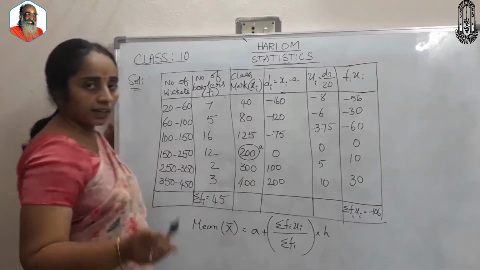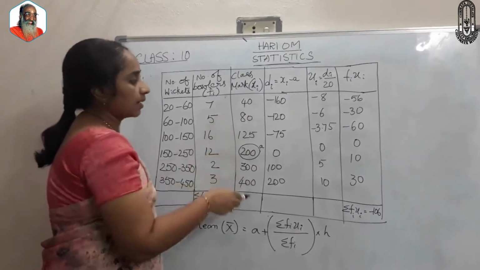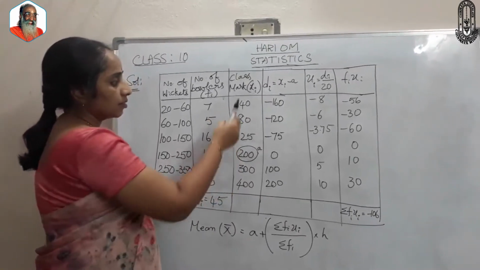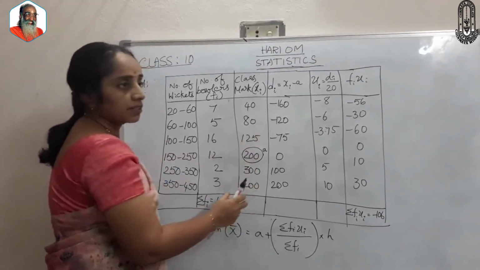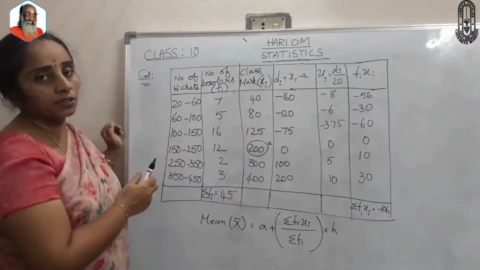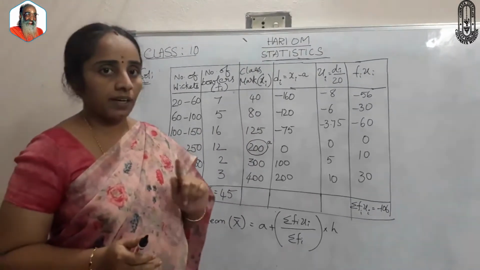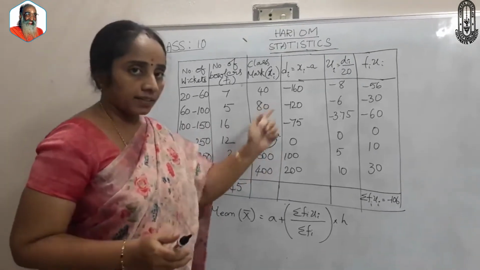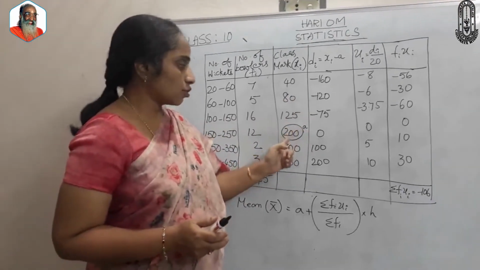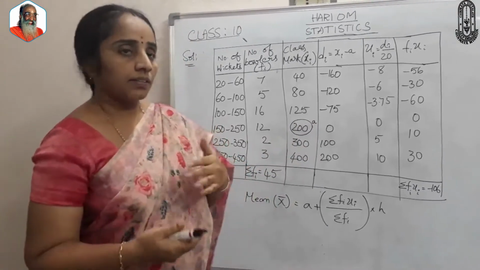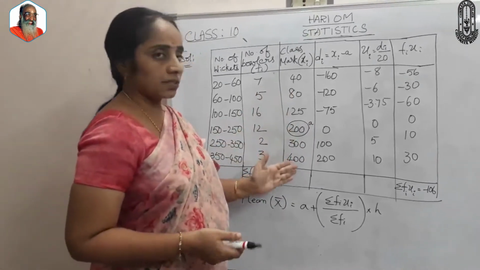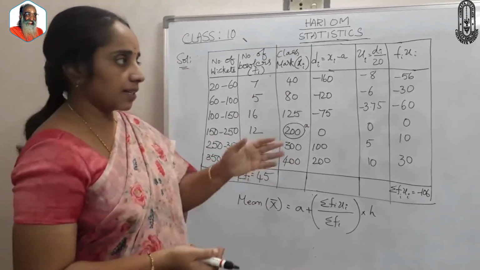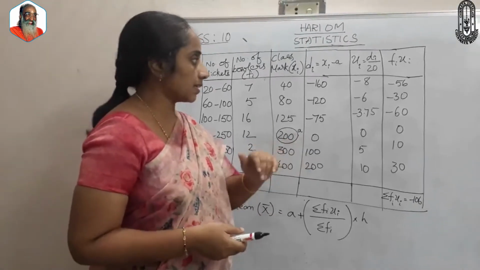Already I discussed with you how to calculate x. So these are the xi values. In those xi values we should assume one value as the assumed mean. Here I have taken a as 200. You can try with any other number, then also you will get the same result.